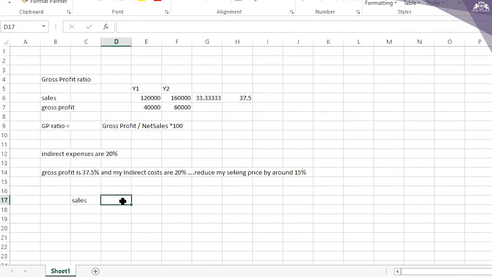If sales is 6 lakhs, and cost of goods sold is 4,80,000, what would be the gross profit? Tell me what would be the gross profit?